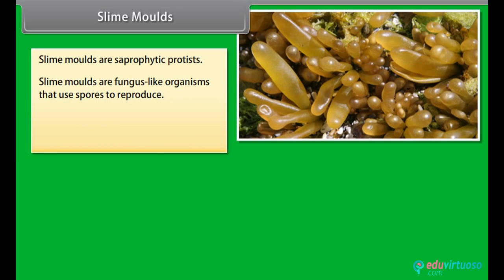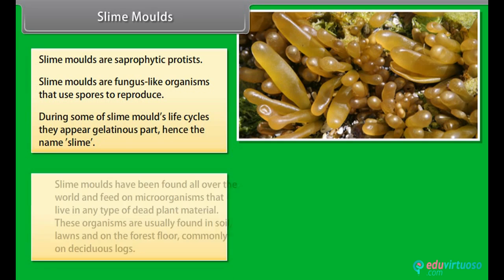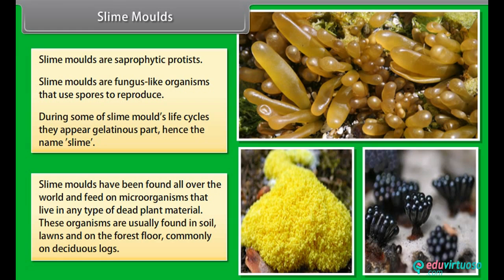Slime molds are fungus-like organisms that use spores to reproduce. During some of slime molds' life cycles, they appear gelatinous, hence the name slime. Slime molds have been found all over the world and feed on microorganisms that live in any type of dead plant material.